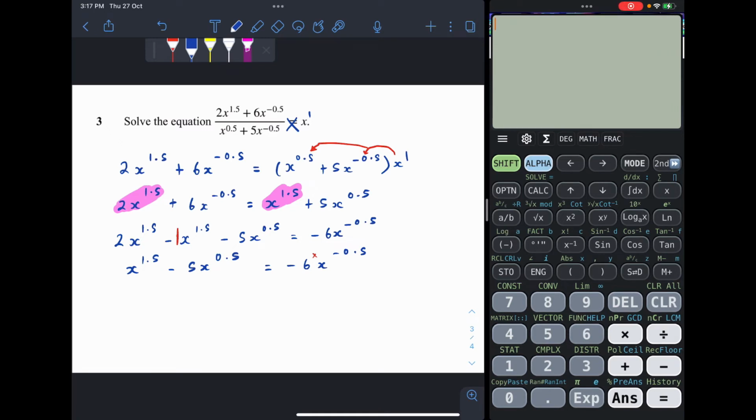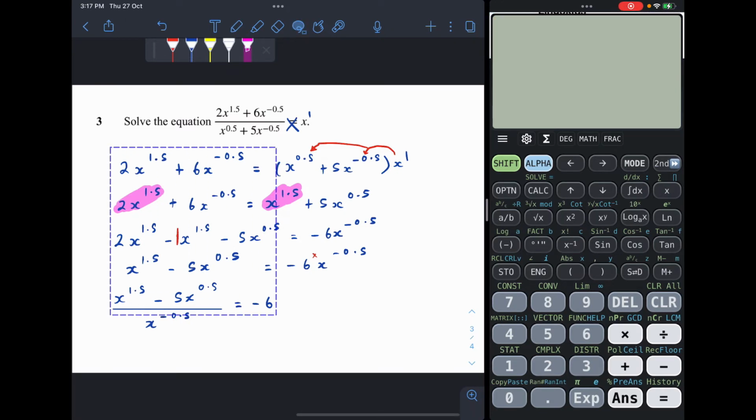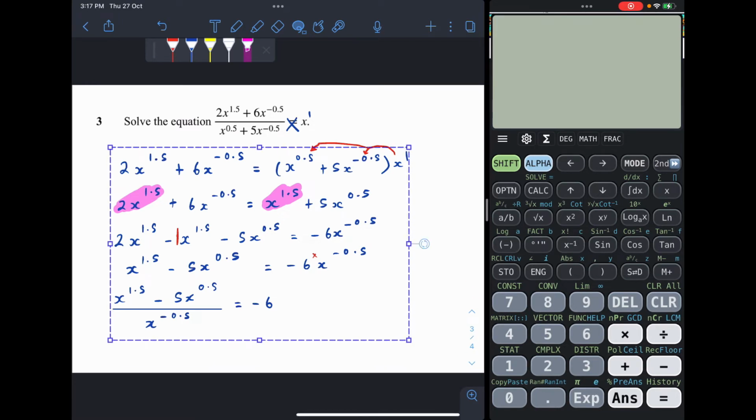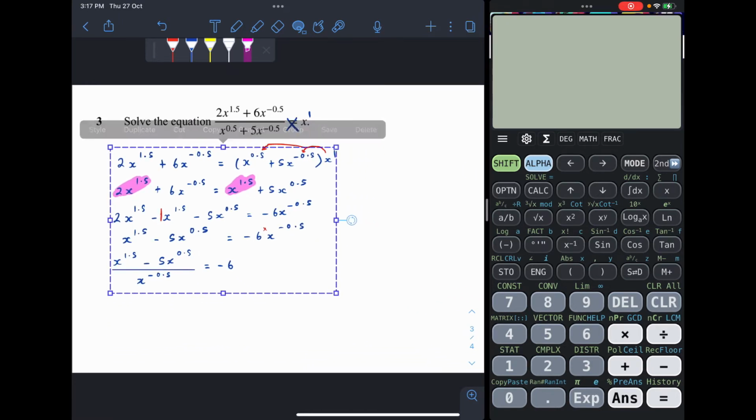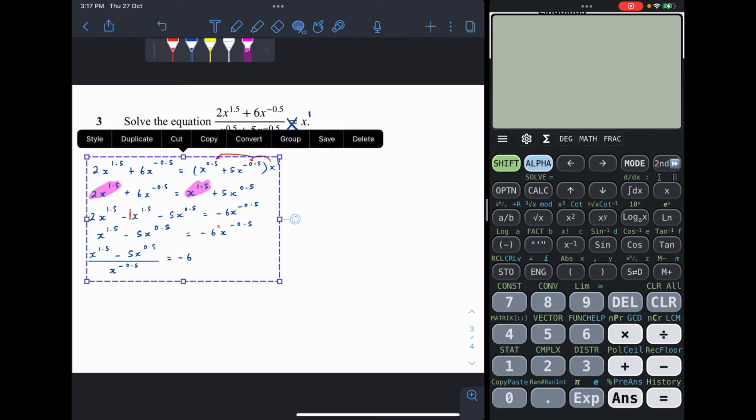So it will become (x^1.5 minus 5x^0.5) over x^-0.5. See, it becomes a divide, and I'm just going to write the negative 6 by itself. We'll solve it later. I'm running out of space, so I might want to make this smaller a bit, so I have some space on the right side.